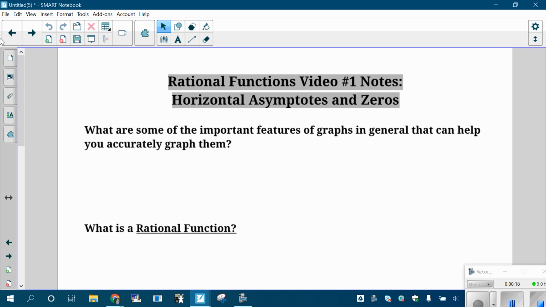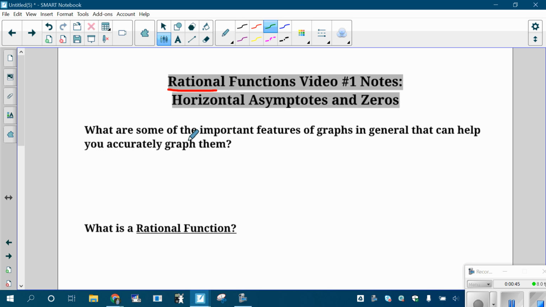So we're going to be focusing on graphing these new type of functions called rational functions. And in order to graph them, we're going to use a combination of things we've already talked about when we've been graphing stuff and some new ideas. So first, take 30 seconds and just maybe think about or even look back, take a couple minutes.